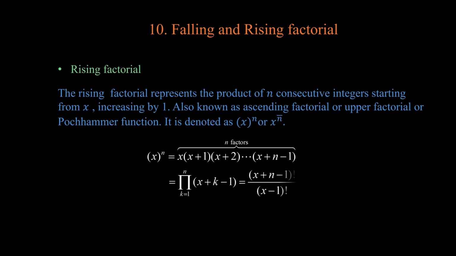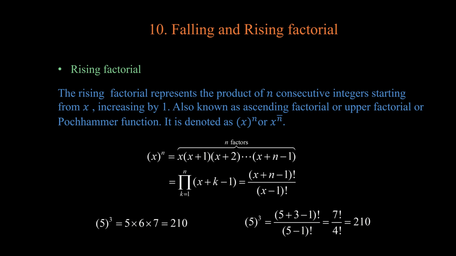This can also be written as x plus n minus 1 factorial over x minus 1 factorial. Let's see an example. 5 rising to 3 means 3 factors are used starting from 5 and each one increases by 1 from the previous one, and this is equal to 5 times 6 times 7 equals 210. You can also use the factorial formula, which is effective for calculating large numbers. Put 5 in place of x and 3 in place of n, and you will get the same result.